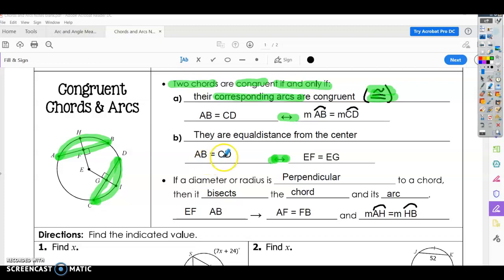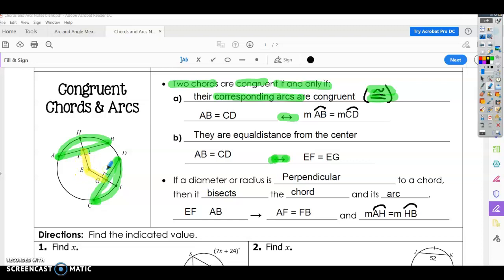Okay, AB equals CD if and only if EF, okay, let's change colors here, if EF is equal to EG. I lost my place, sorry.